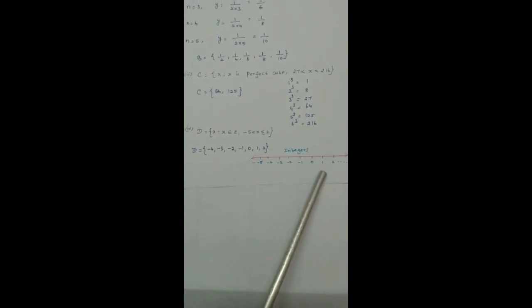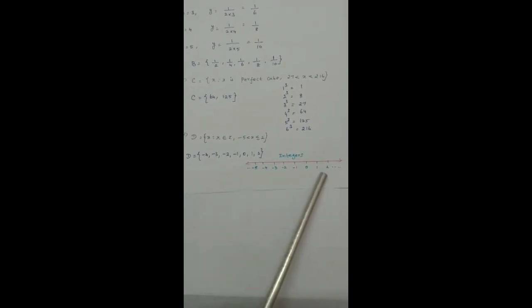So -5 is less than x means we won't consider -5. Taking -4, -3, -2, -1, 0, 1 and 2, because x is less than or equal to 2. Therefore we consider 2 also. Therefore D is equal to -4, -3, -2, -1, 0, 1 and 2.